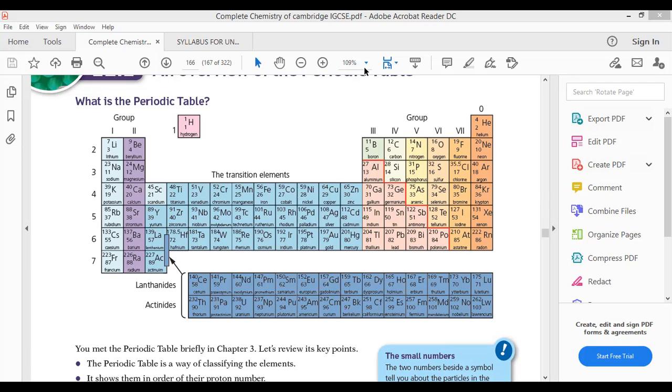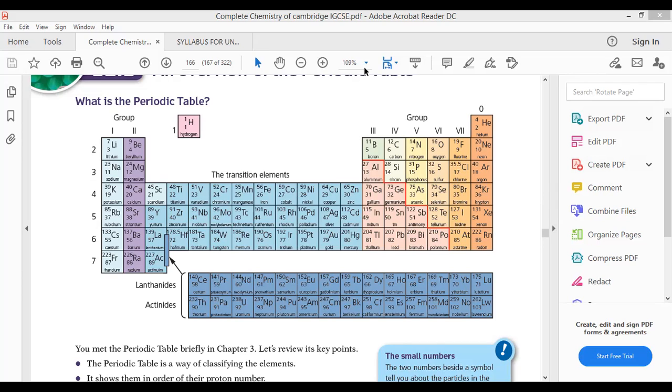Now the second one: they arranged the elements in the periodic table. What is the periodic table? It is the arrangement of elements. When you arrange all these elements in one table, we call it the periodic table.